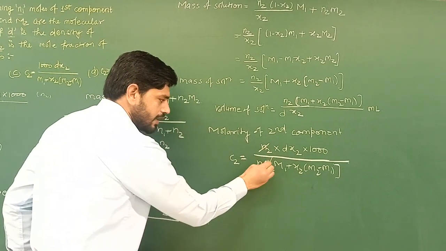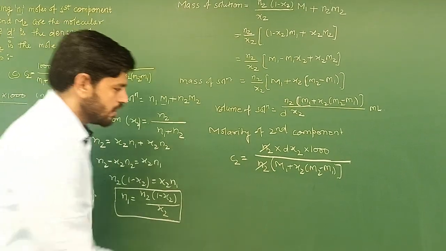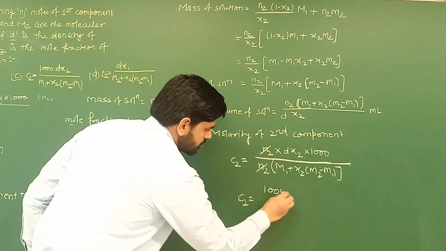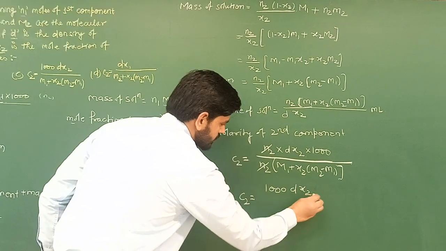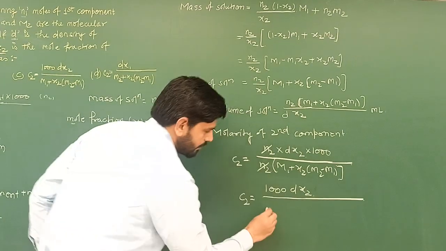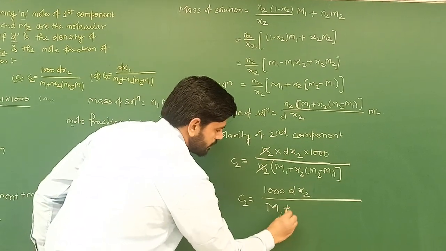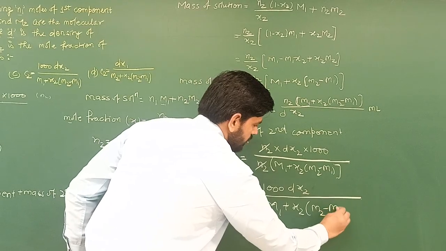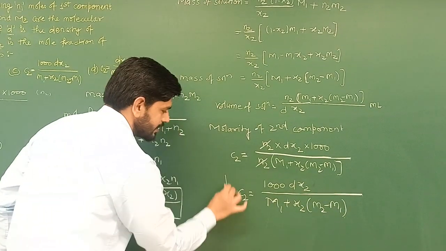Now this N2 will cancel out this N2. What will be the final result? The final result is equal to 1000 into D into X2 divided by M1 plus X2 into M2 minus M1. So this will be the final result.